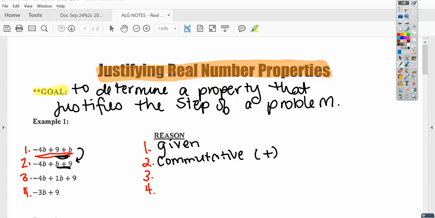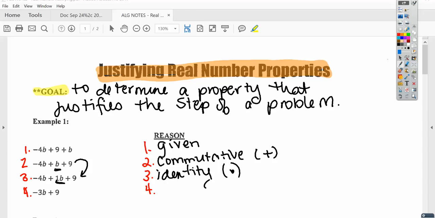Now if I look at step 2 and compare it to step 3, how does it physically look different? Well, b changed to 1b. What property allows me to say b and 1b are the same thing? That's the identity property of multiplication.